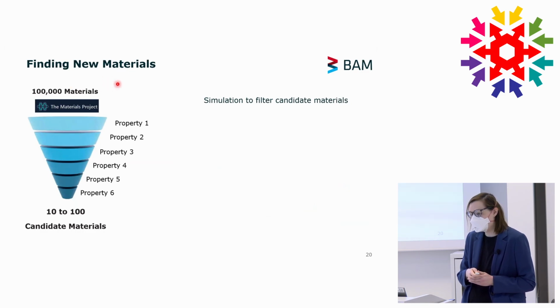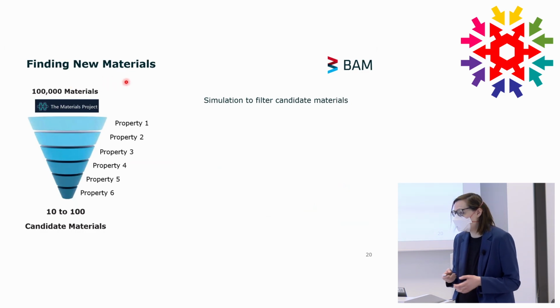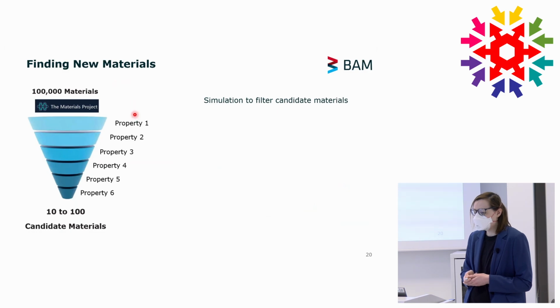We actually want to find new materials, and that's why we are building these large databases and this infrastructure. And you typically see this high-throughput funnel to search for new candidate materials for experiments.